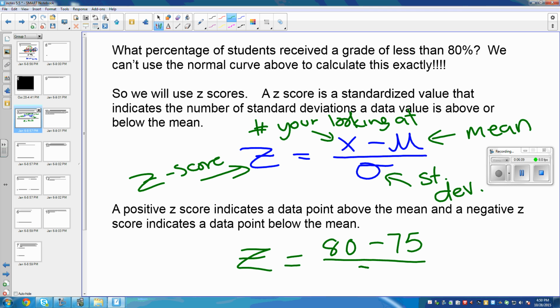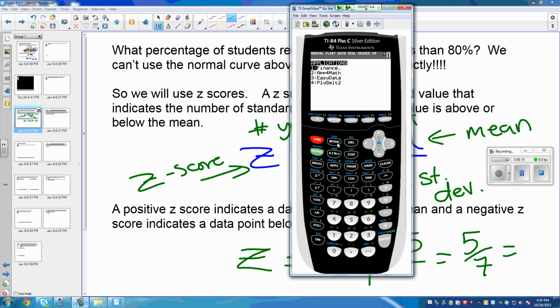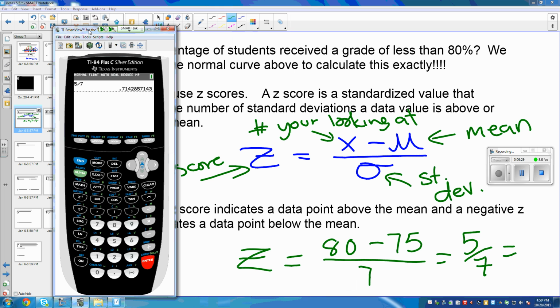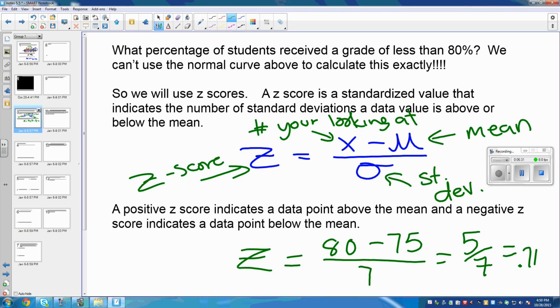I'm just going to pull up my calculator here and go 5 divided by 7 gives us 0.71428. Okay. Now with z-scores, we take them to the second decimal always. Okay? So in this case, our z-score is going to be 0.71.